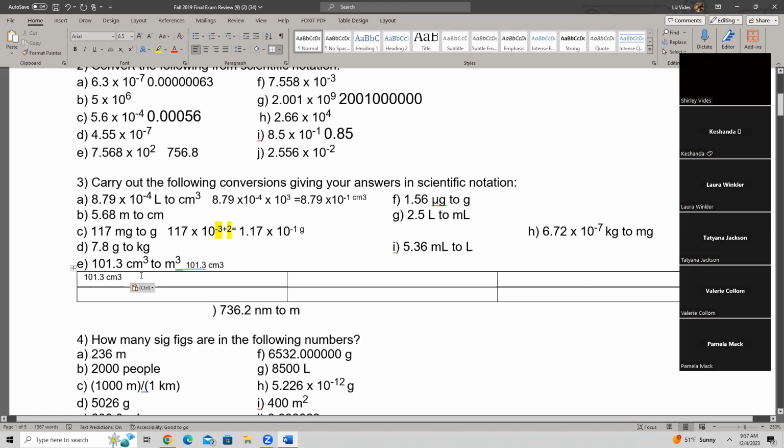All right. So we're changing centimeter cube to meter cube. There is no such a change. So what we have to do is we have to cube each one of the conversion factors. So 1 centimeter, right? And on top is going to be 10 to the, we're going to meters, so 10 to the -2, right?